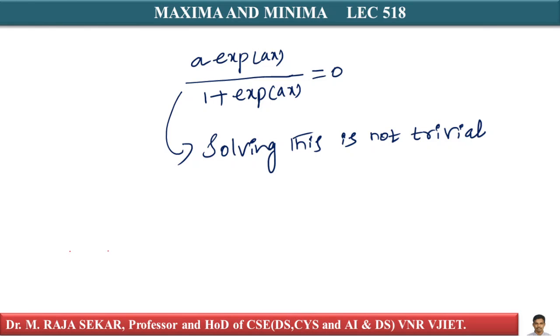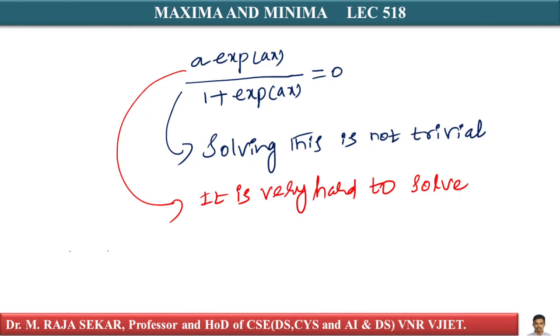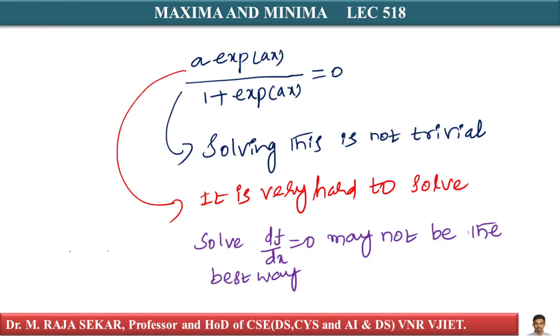So if you want to find minima and maxima, just trying to solve df by dx equal to 0 may not always be the best way, especially for complex functions like log of 1 plus exp of ax.